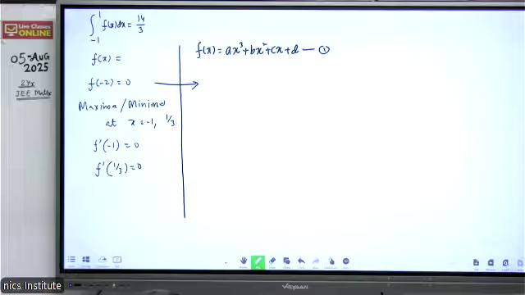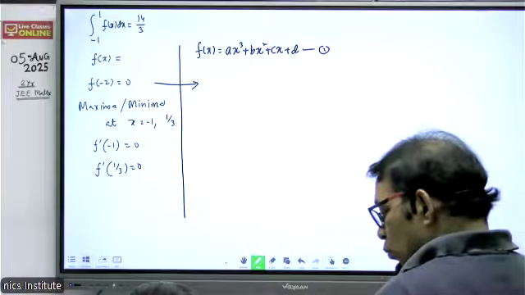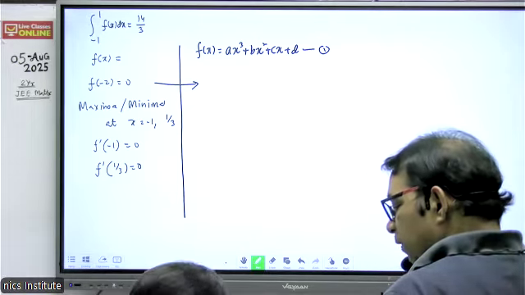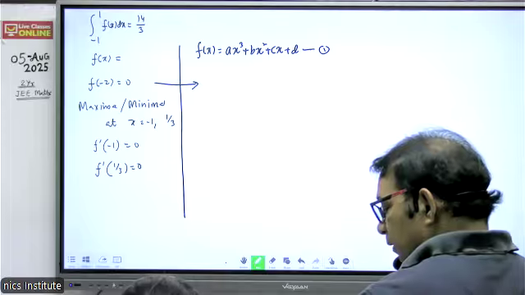Form 4 equations. Differentiate it, f dash minus 1, f dash 1 by 3 is 0.